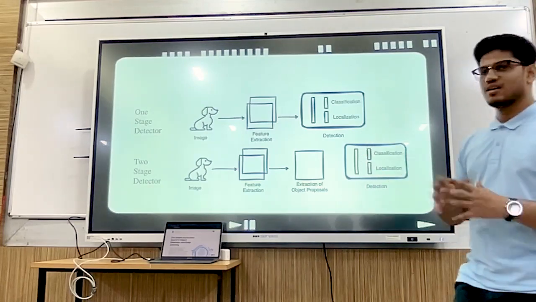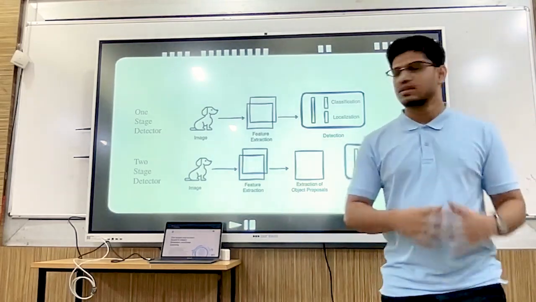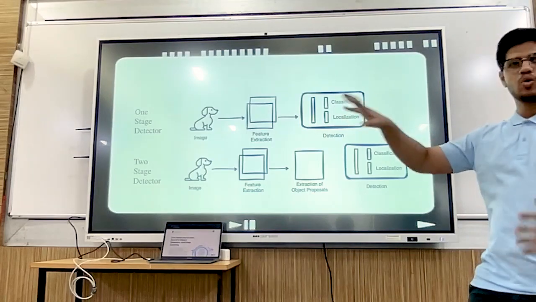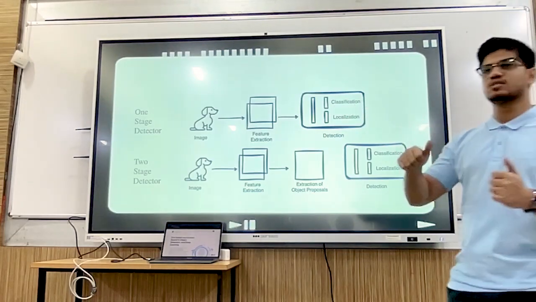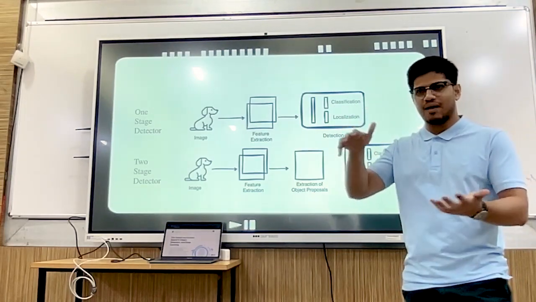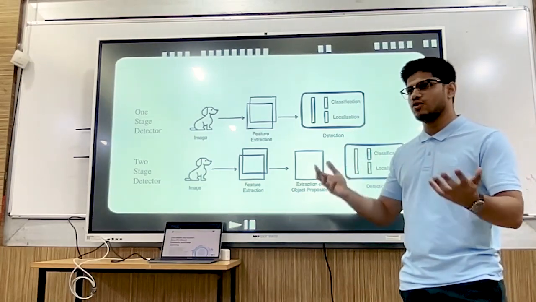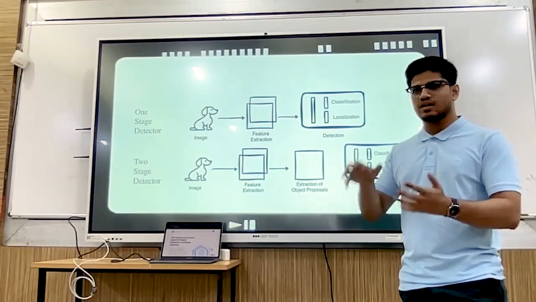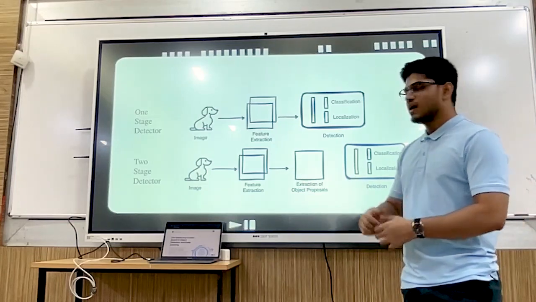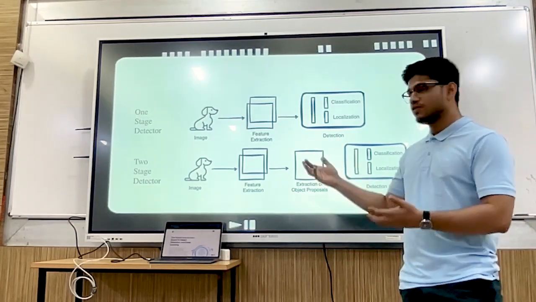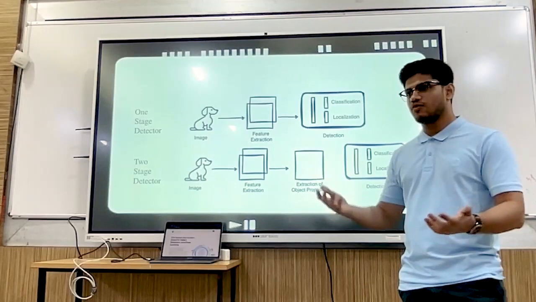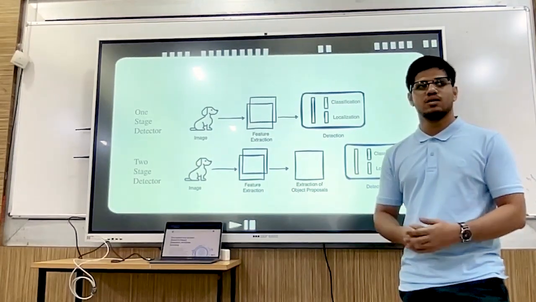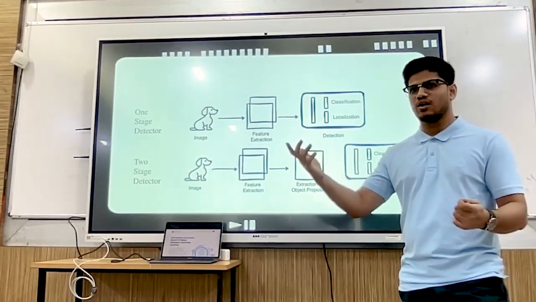And basically what happens is that the images are passed to a block. Think of this block as a black box, as some kind of feature extraction, some kind of signal processing mechanism, which extracts useful features from the images. For example, what would be the key points of classifying a dog?